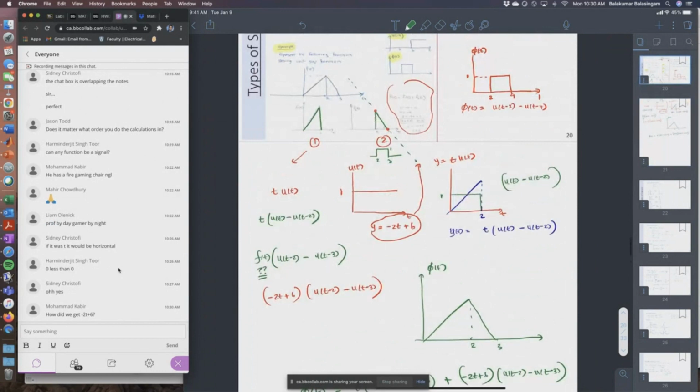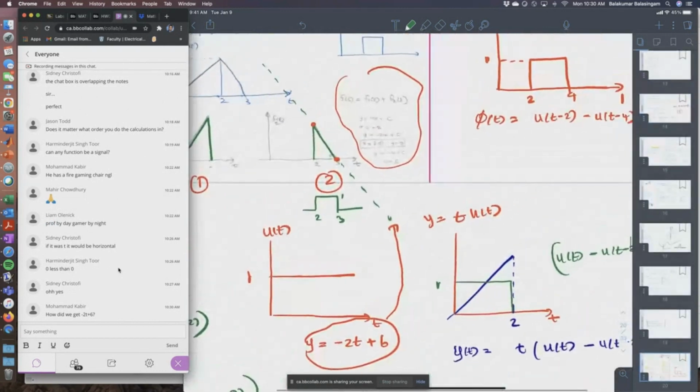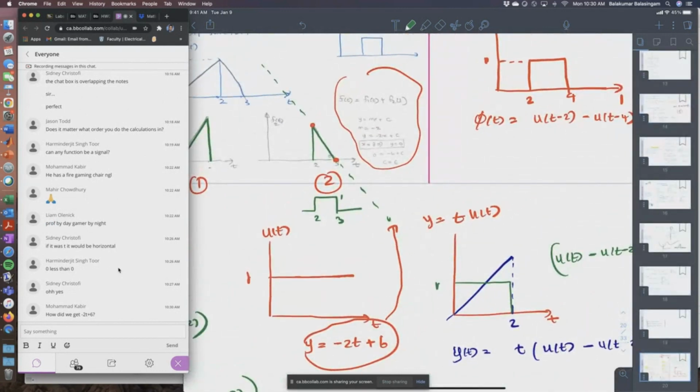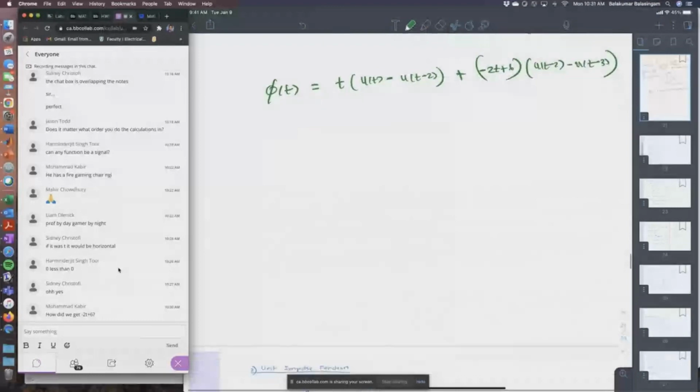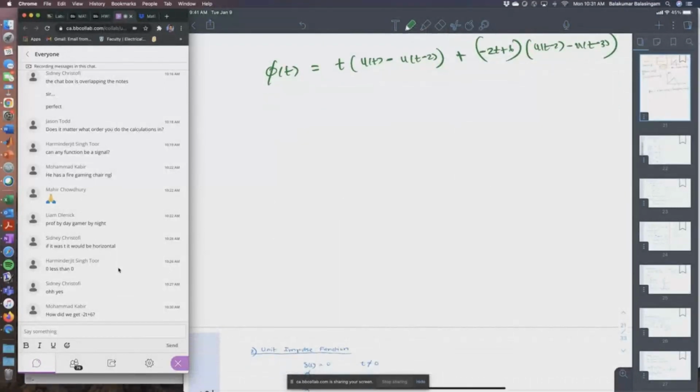Okay, so how did we get minus 2t plus 6? If you look at this function in green, this function is y is equal to minus 2t plus 6. If you don't know how to do that, I can do it here. Let me put all the details that we know about that function.